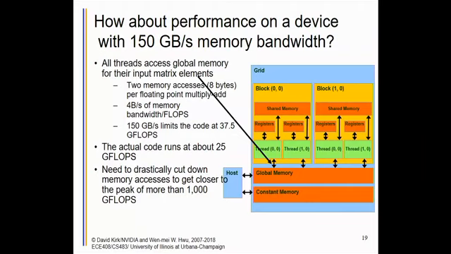So being able to fetch 150 gigabytes per second means you can fetch 37.5 giga operands per second. That's still a big number. But when you actually execute that piece of code, you're going to be limited by that number, because you can only operate as fast as the operands can get to you. So you can only operate up to 37.5 gigaflops per second.